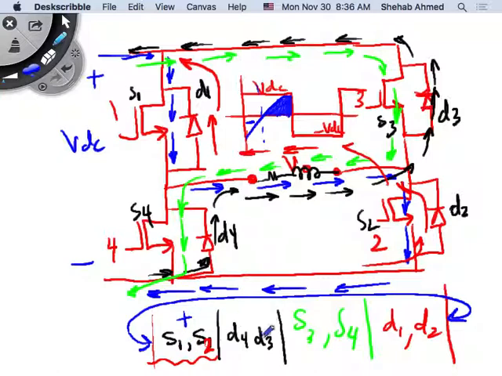D4 and D3 is also positive current. How about this? This is negative as well. So we had a period of negative current followed by a period of positive.